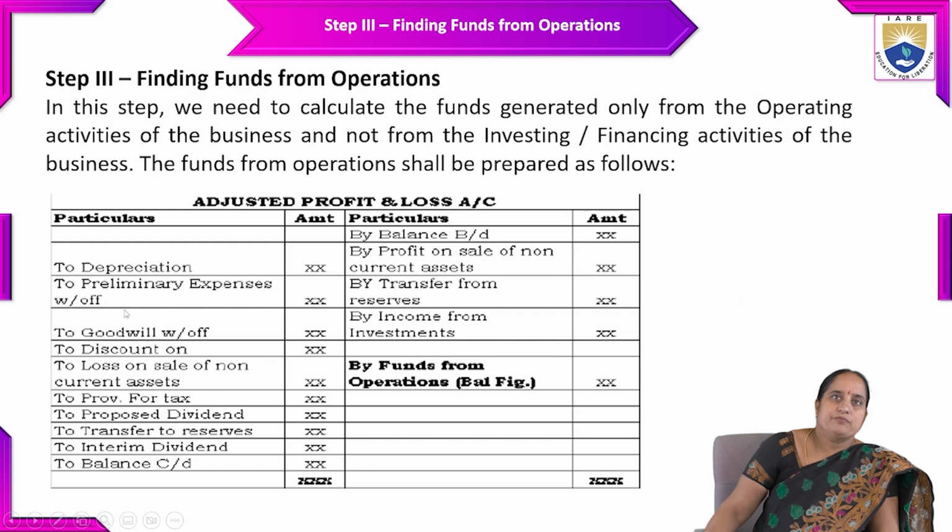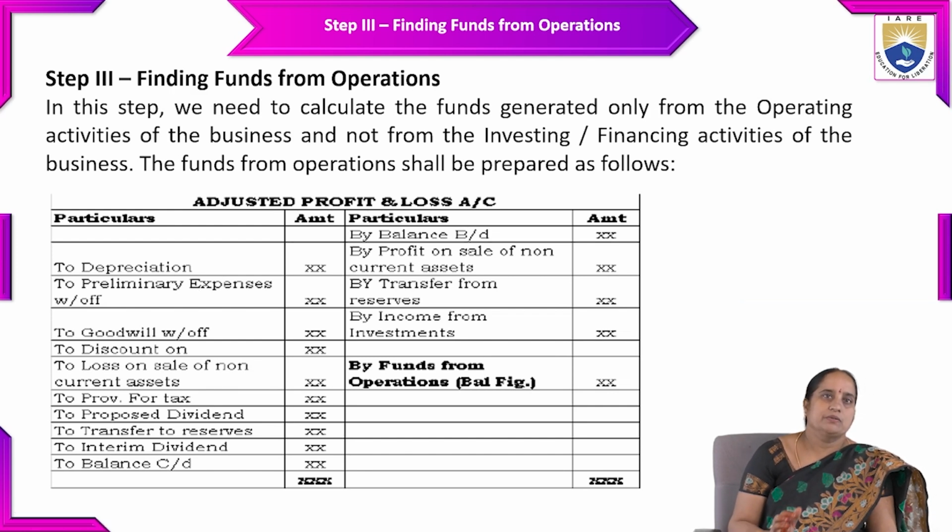On the left hand side of the adjusted profit and loss account, these are the items that are going to be furnished: to depreciation, to preliminary expenses written off, to goodwill written off, to discount on, to loss on sale of non-current assets, to provision for tax, to proposed dividend, to transfer to reserves, to interim dividend, to balance carried down.